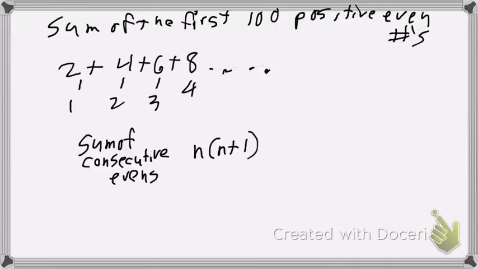So notice that if we took the second or the fourth one here, so here we can add them up. 2 plus 4 is 6, 6 plus 6 is 12, 12 plus 8 is 20. Okay, so we know that the first four should go to 20.